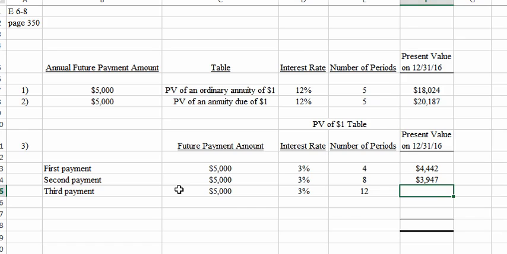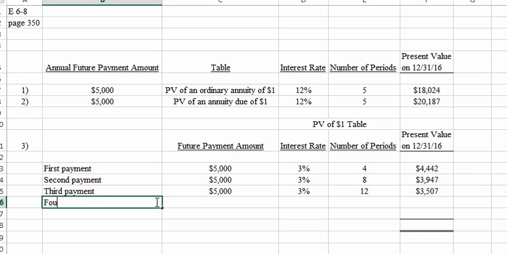We get to 12 periods, 0.70138. And we'll multiply by the 5,000. Okay, 5,000 received 3 years from now, assuming interest is compounded quarterly and the interest rate per quarter is 3%, that's only worth $3,507 today.